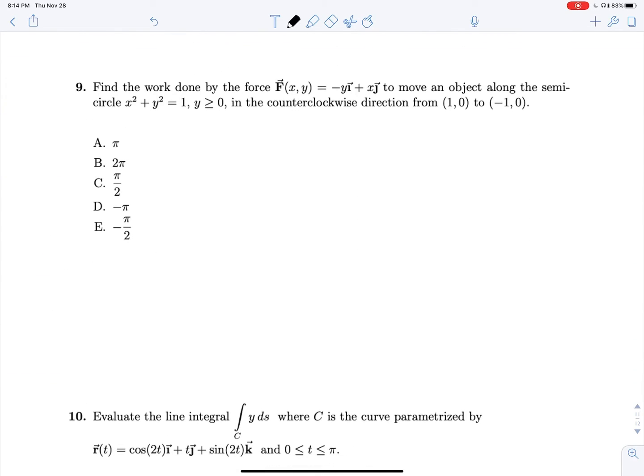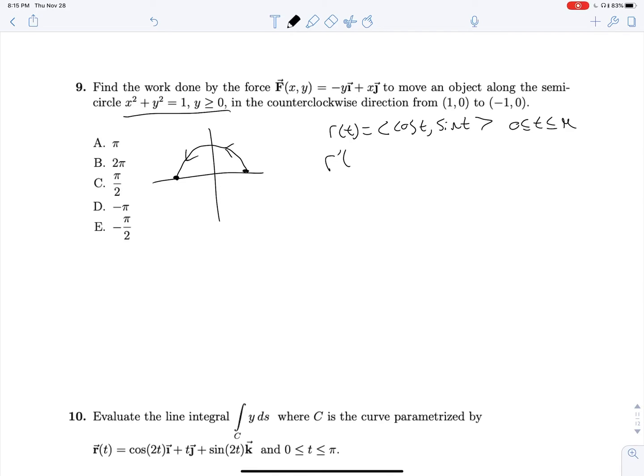Let's find the work done by this force moving an object along the semicircle with y greater than or equal to 0. So that's going to be our upper semicircle here, moving in the counterclockwise direction from 1, 0 to negative 1, 0. So we know that we can parametrize this as r of t is equal to cosine t, sine t, where 0 is less than or equal to t, which is less than or equal to pi.